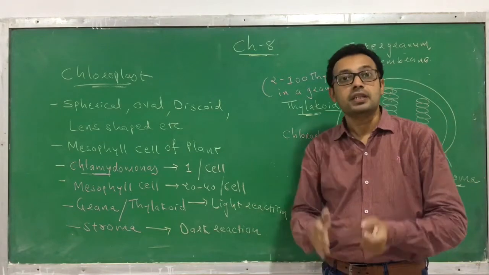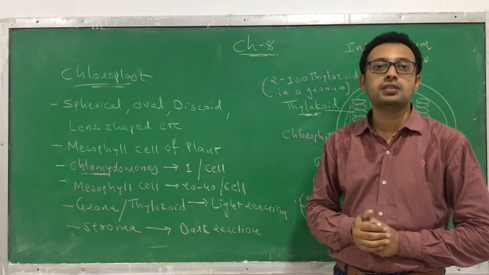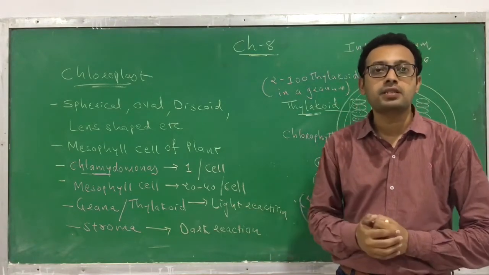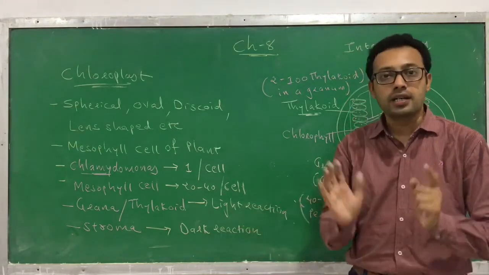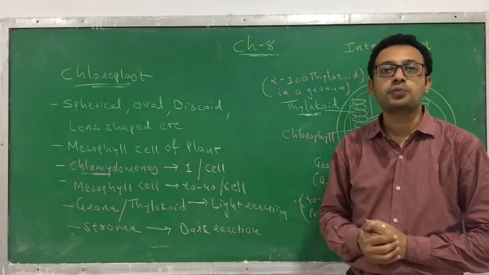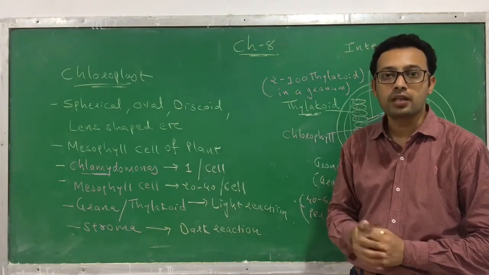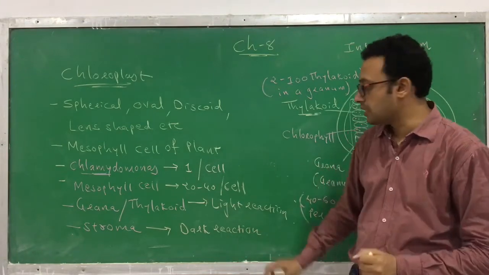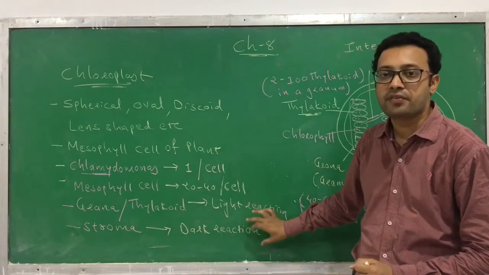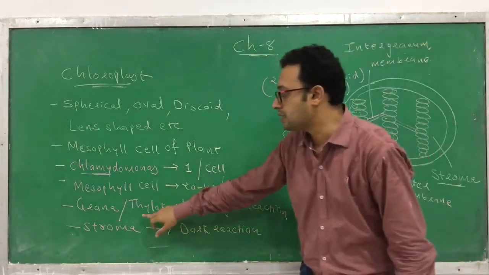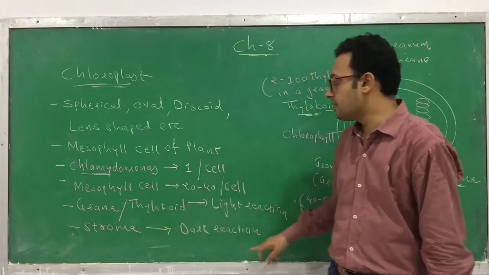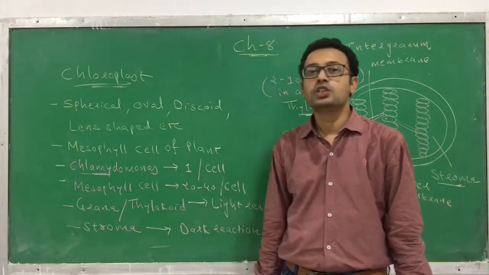Dark reaction is also a part of photosynthesis, but it does not require the presence of sunlight. When both reactions occur, the photosynthesis process completes. Light reaction takes place in the thylakoid, and the dark reaction takes place in the stroma.